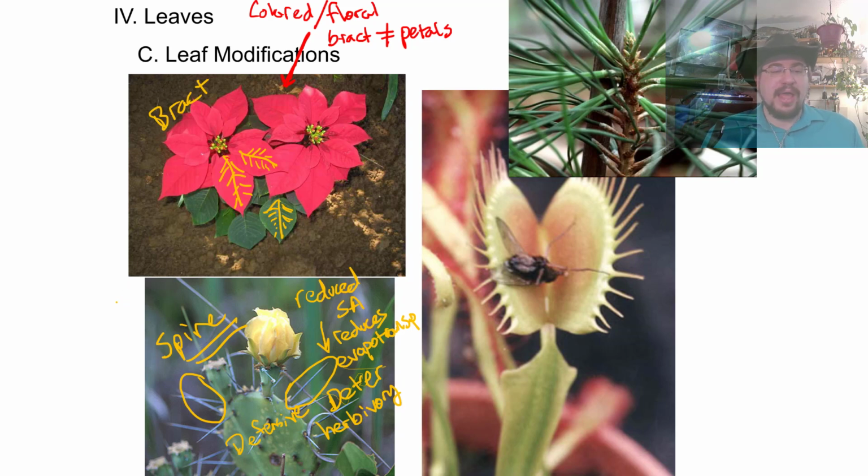Now, a spine is not a needle, and also a spine is not a rose thorn. Thorns, whether it's a rose or something else with thorns, are actually stems, modified stems. So spines are modified, pointy, scary leaves that reduce surface area for evapotranspiration and deter herbivory.